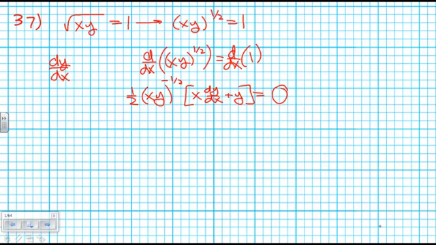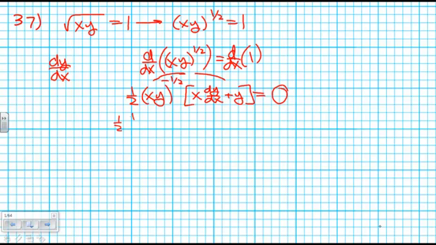All right. Let's see what we can do. I think we're going to need to distribute this over these two terms. So I get 1/2. I don't think I want to keep on writing it as 1/2 (xy)^(-1/2).